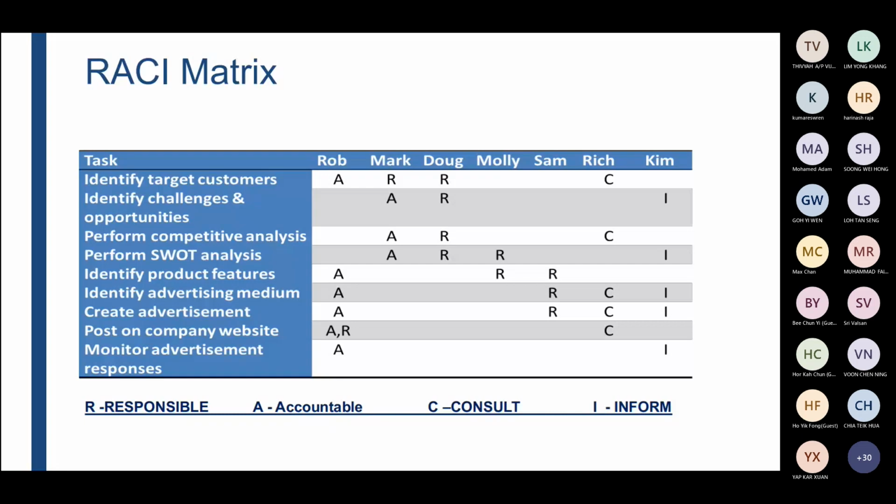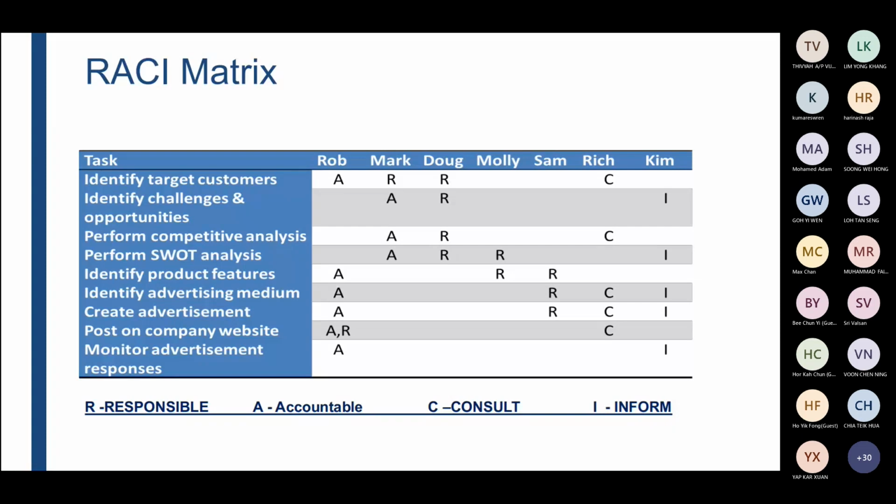What you can do is take all the primary tasks, important jobs that need to be performed for your project, and then list out the names under who is responsible, who is accountable, who needs to be consulted, and who needs to be informed.